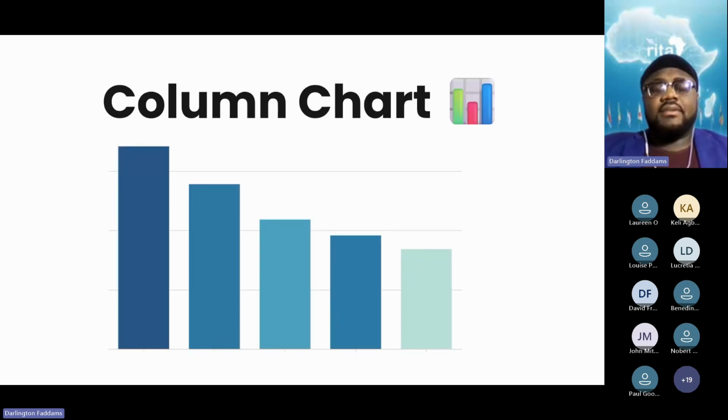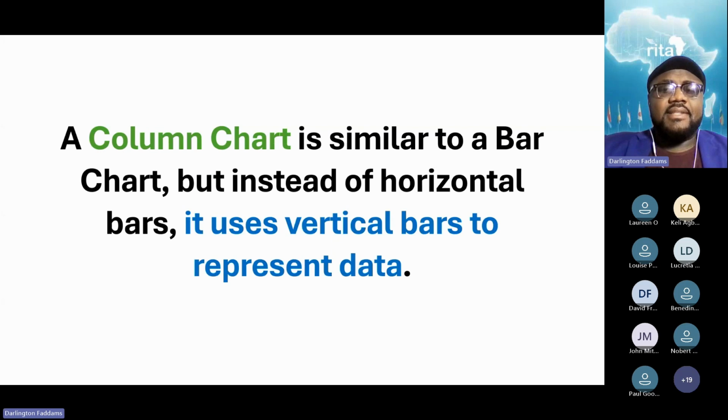Now, calling this a column chart, we are going to learn some very important things and understand some key details about it. A column chart is similar to a bar chart, but instead of horizontal bars, it uses vertical bars to represent data. You see, if you don't understand what we are saying, this text doesn't make sense. But if you understand, then it makes sense.